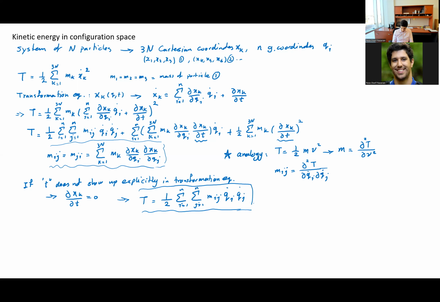So that's a very well formatted equation for the definition of kinetic energy written in terms of generalized coordinates. Let me also keep that because it's a nice looking equation.